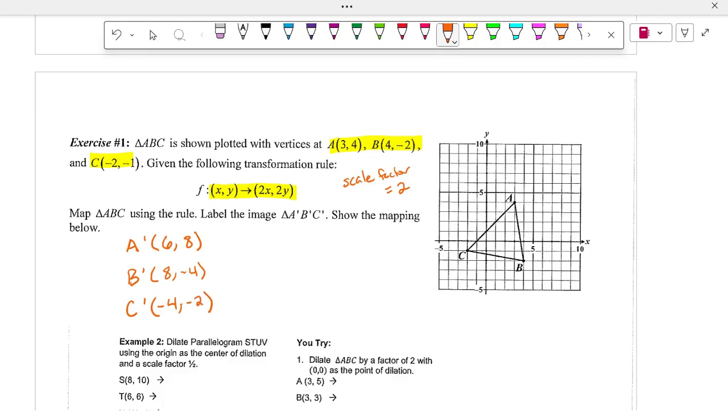And then if I graph it, I have 6, 8. That's A prime. 8, negative 4 is B prime. And negative 4, negative 2 is C prime. So my picture will look something like this.